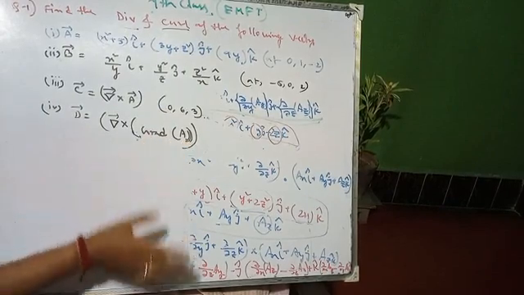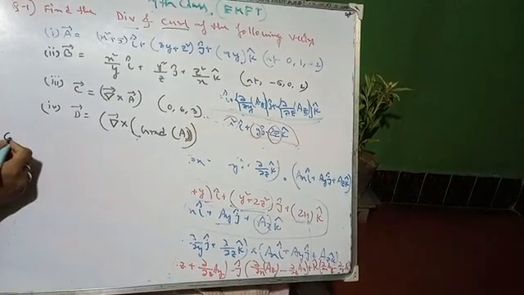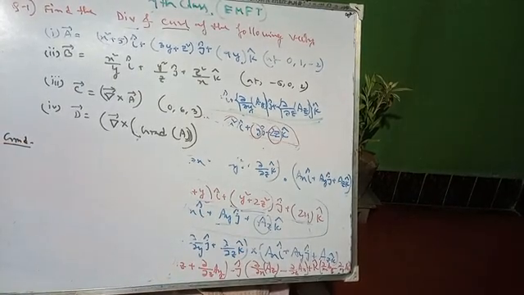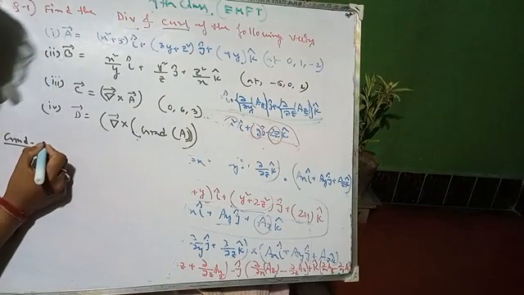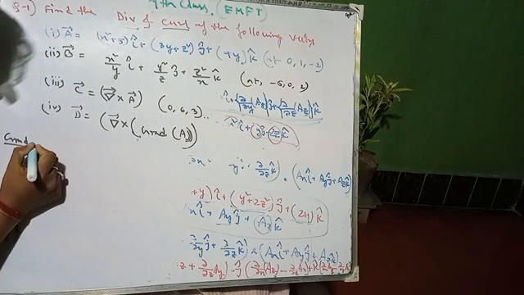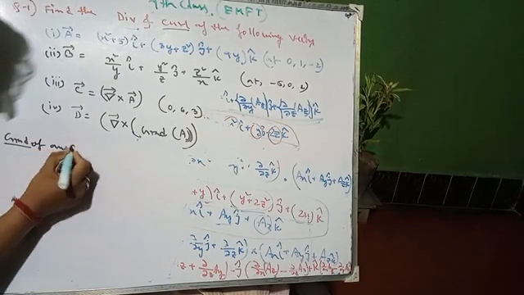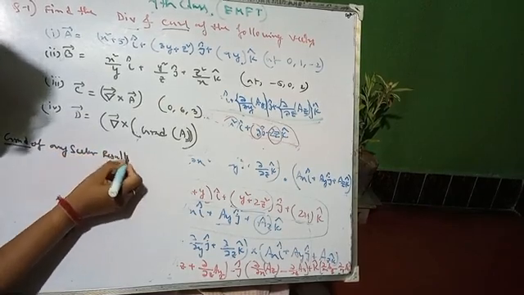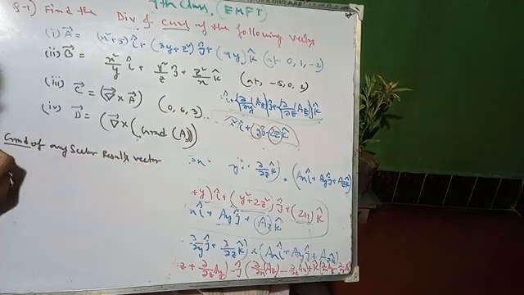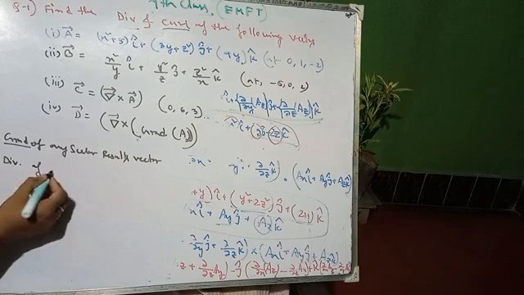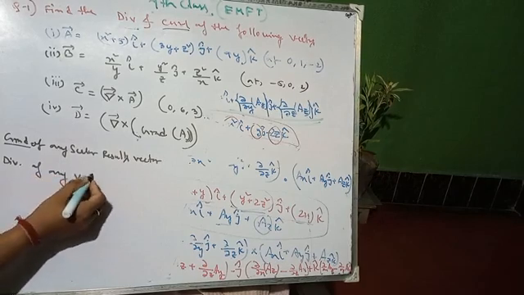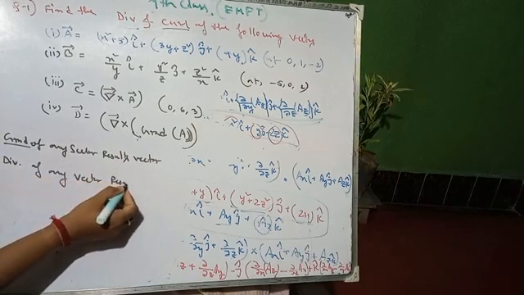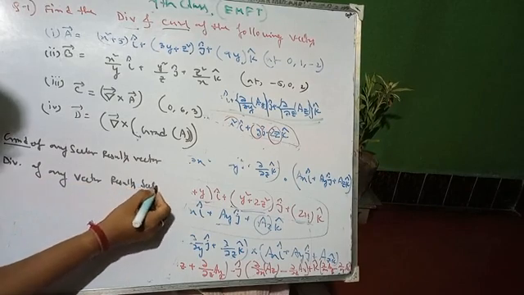Whatever the result, it will be a vector quantity, because we know last thing, gradient means what? Gradient of any scalar results vector. Okay, today's conclusion, divergence of any vector results scalar.